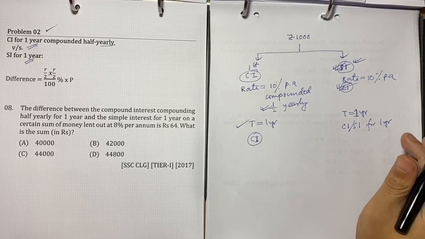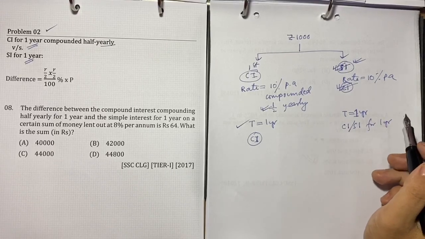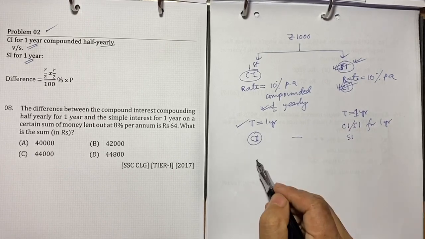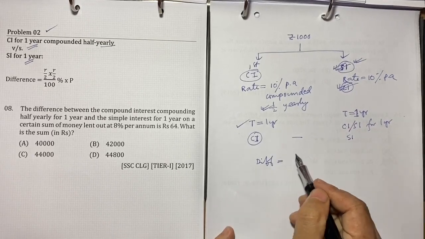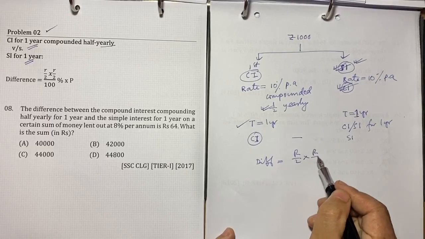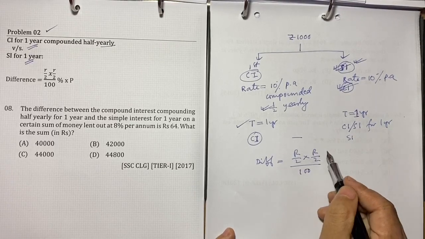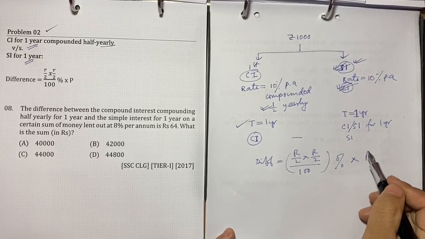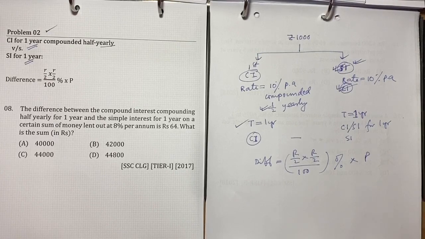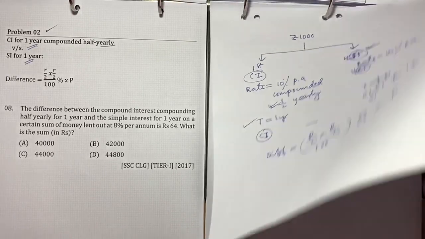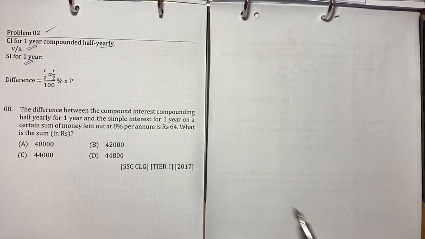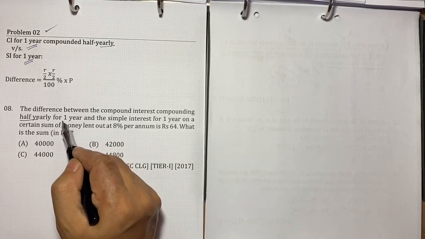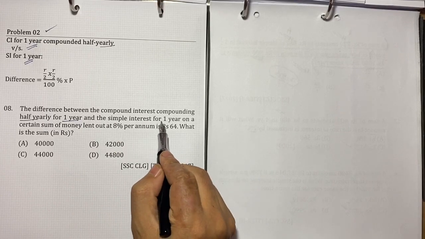The difference is (r by 2 into r by 2) divided by 100, that percentage, into the principal. The difference between the compound interest compounding half yearly for 1 year and simple interest for 1 year.